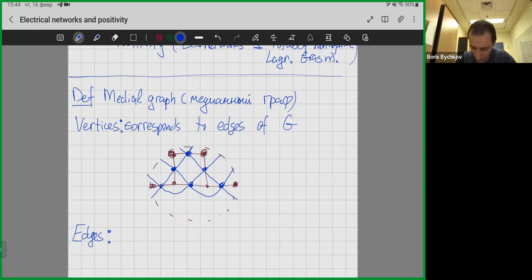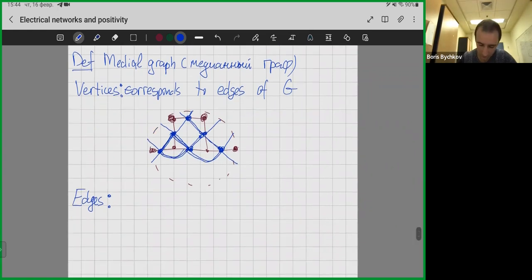These two vertices are connected, these two are connected, and this. So we have these edges by this rule, and then we have what are called stubs in English. I will call them in Russian some kind of threads of this medial graph.